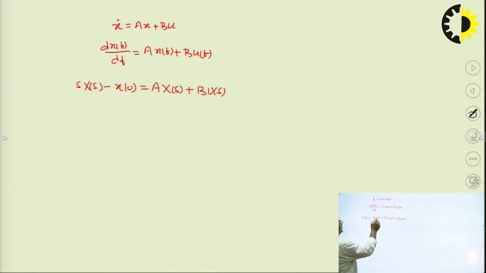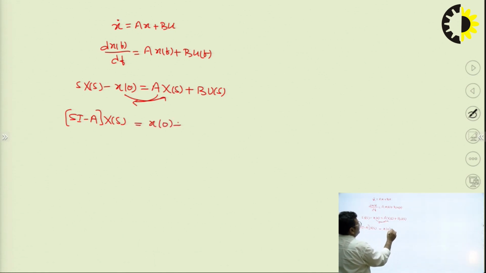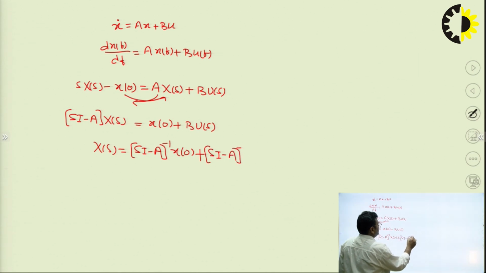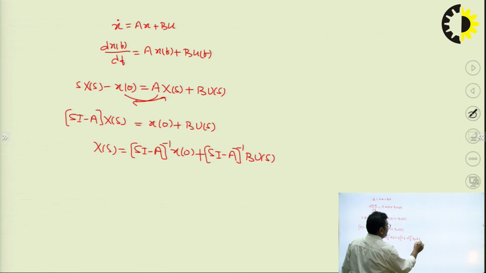Okay, so now I can take this term to this side, so it will be si minus a into xs, and this term I can send to this side, is equal to x naught plus b u of s. So x of s will be si minus a inverse of x naught plus si minus a inverse of b u of s.